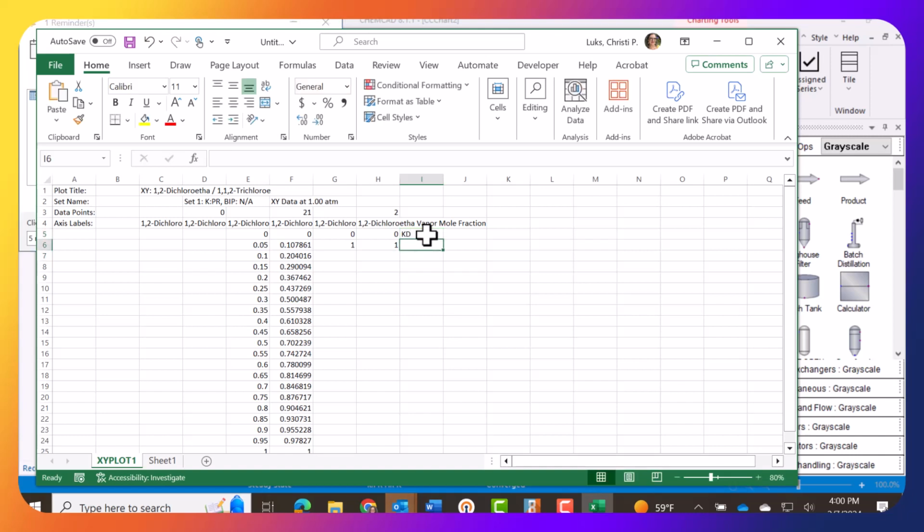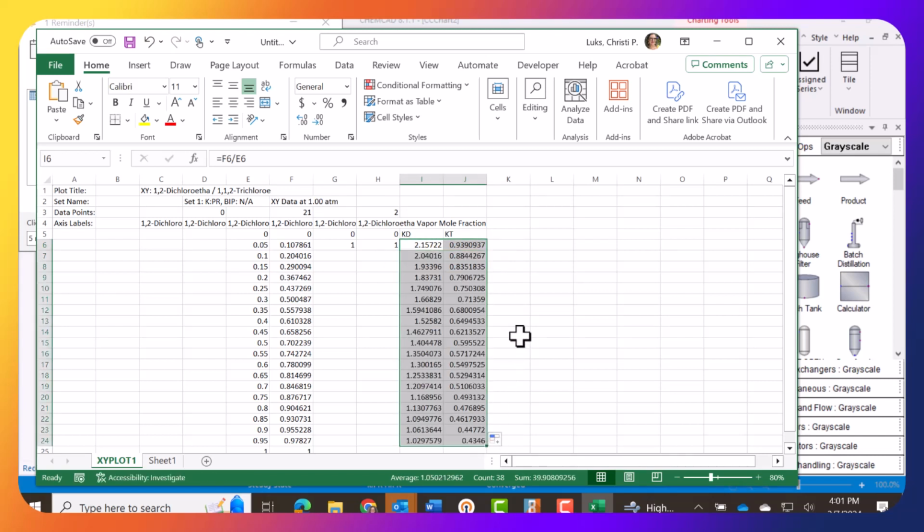And to do that, it's going to be Y divided by X. Okay, and then the K for the trichloro, well, it's Y for the trichloroethane, so it's 1 minus, that is not what I meant to type. Okay, here I should be, equals, parenthesis, 1 minus cell F6 divided by 1 minus the X value. So that's my Y and my X for the trichloro. And I can just copy that down.